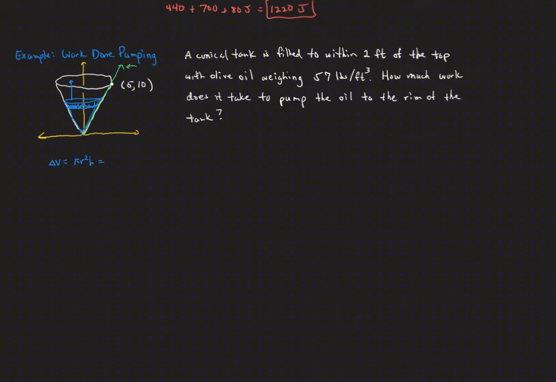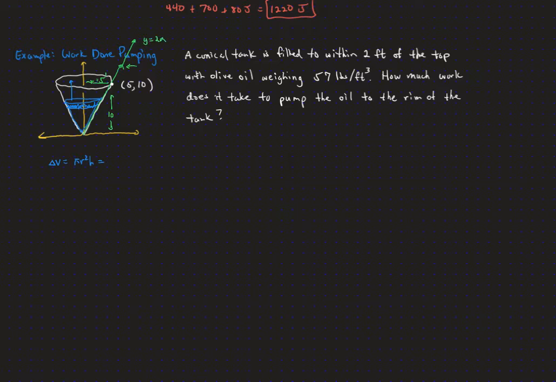So if this tank has a height of 10 feet, and a radius of 5 feet, then the equation of that line coming up through here is going to be y equals 2x.